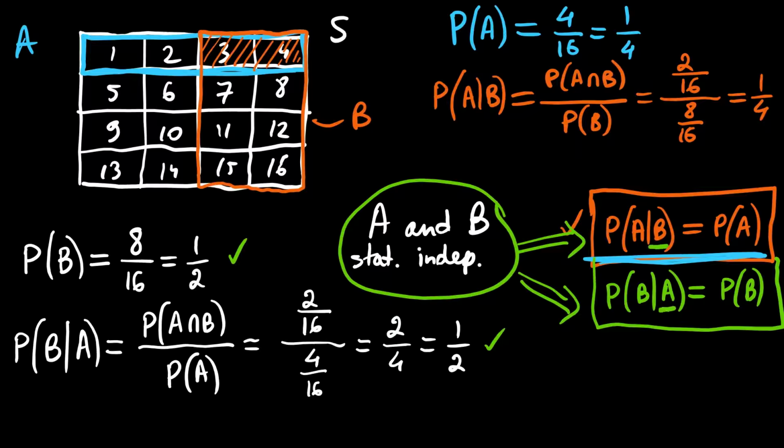So if A and B are statistically independent, then both of these statements are true. Okay, and let's do one last thing here. Let's recall what the probability of A intersection B is.